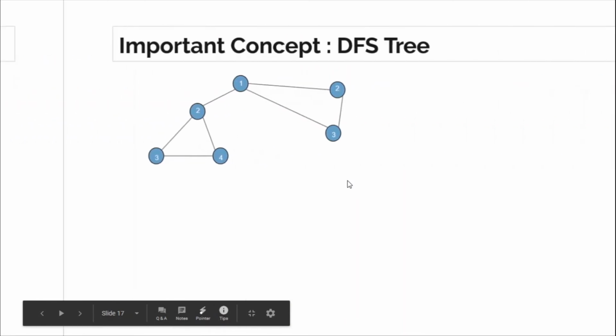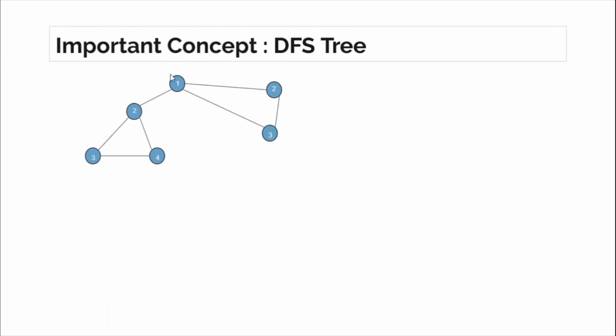Like here, suppose node 1 was the root of this connected component. Sorry, I'm messed up with the numbering.